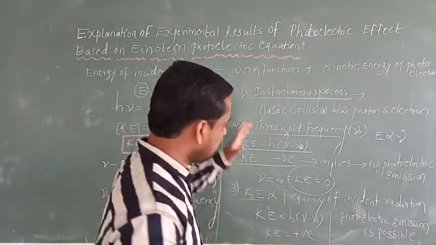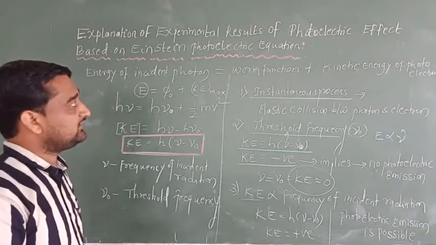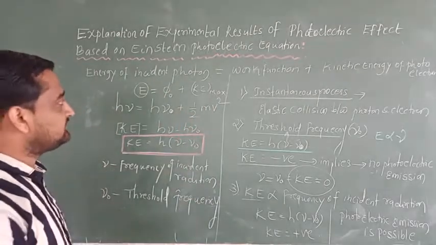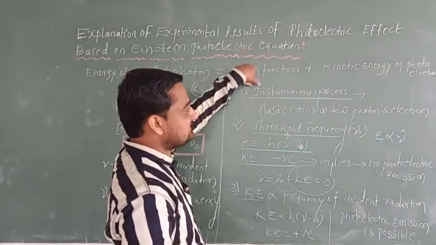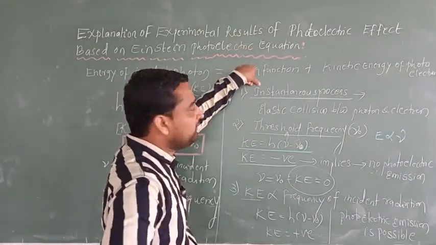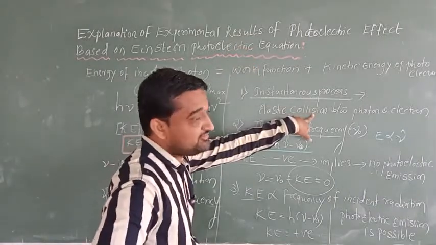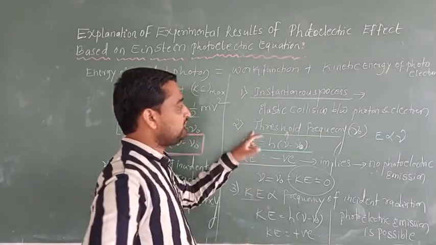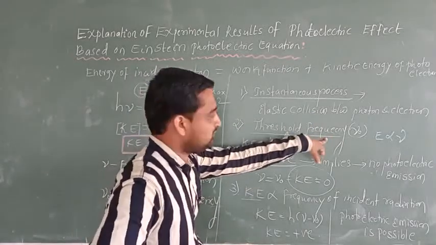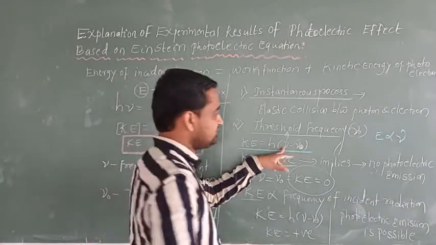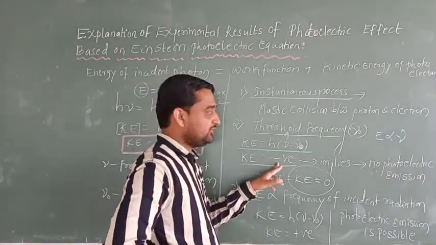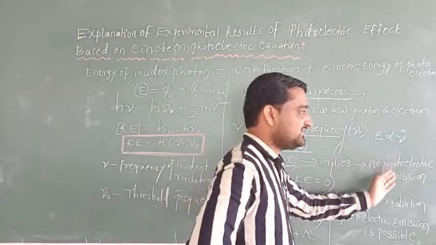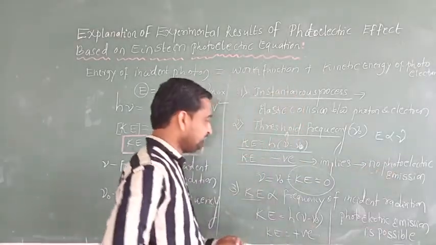So all the results of the photoelectric effect are explained based on the Einstein photoelectric equation. First, it is an instantaneous process, because of the elastic collision between photon and electron. Threshold frequency is required because, if the incident frequency is less than nu naught, then kinetic energy is negative, so no photoelectric emission for negative kinetic energy, right?